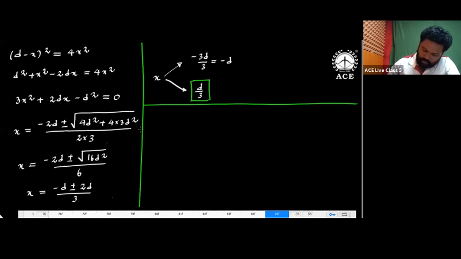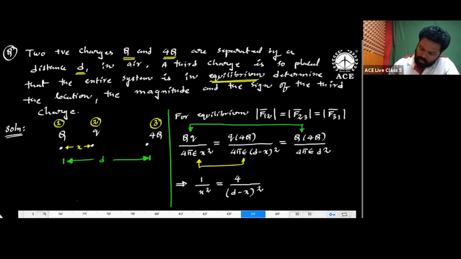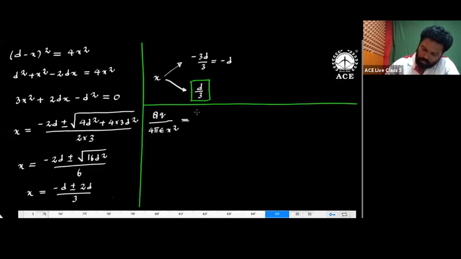Q into q divided by 4 pi epsilon x square is equal to q into 4q divided by 4 pi epsilon d square.